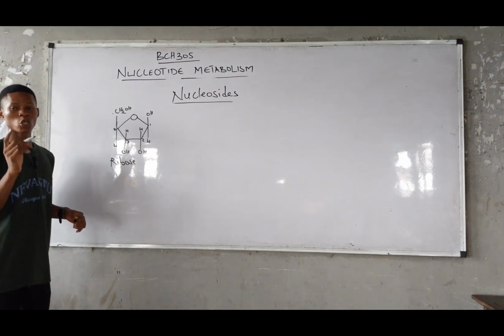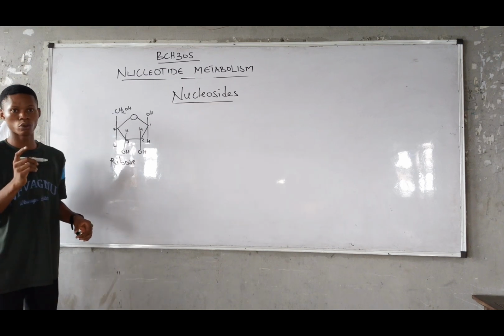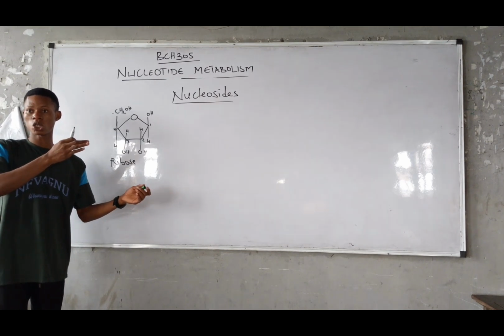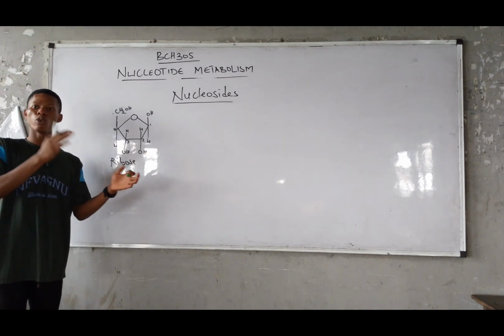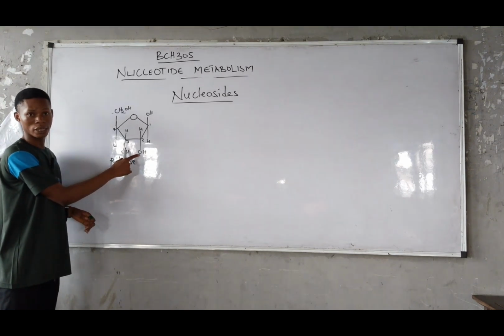Now, for deoxyribose, it's almost the same thing. In fact, the full name is 2'-deoxyribose, meaning deoxy, meaning removing what? Oxygen, right? 2'-deoxyribose means remove oxygen on carbon 2. So in deoxyribose, we are removing this oxygen here.